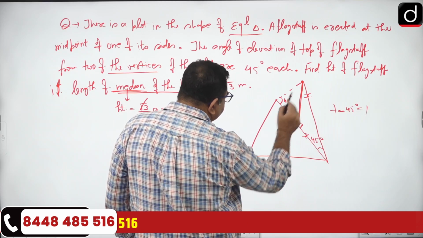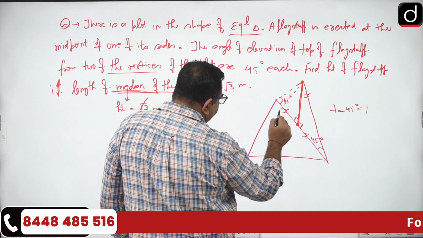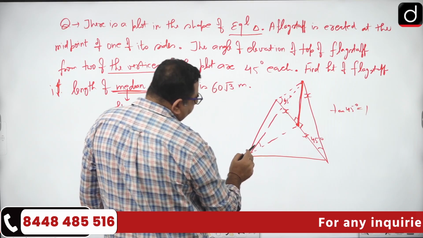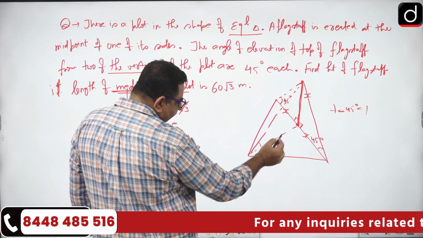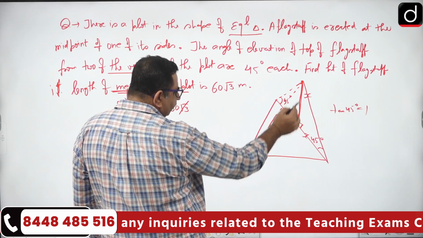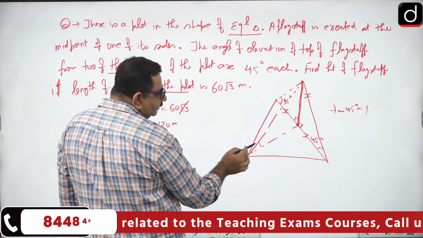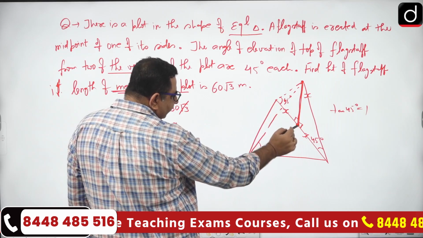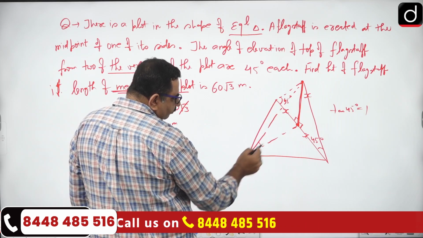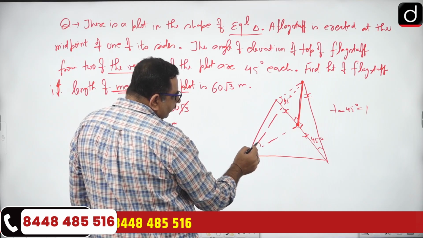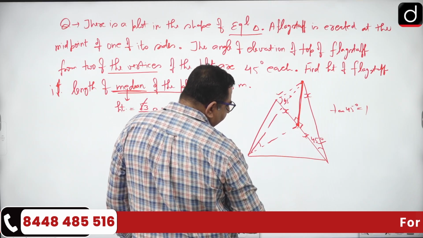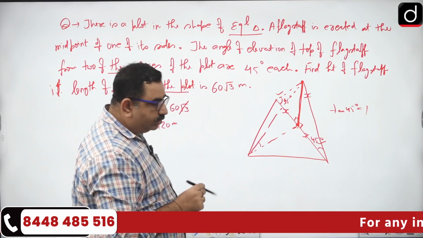And if you consider that from the third vertex it is 45 degree, it is not possible because this is x and this is the height, right? Basically from this vertex it has to be different because this is x and this will be the median. Median is what? x root 3 by 2, which is the same as height. So this cannot be the angle. Only these two vertices can form the same angle, right? 45 degree and 45 degree.